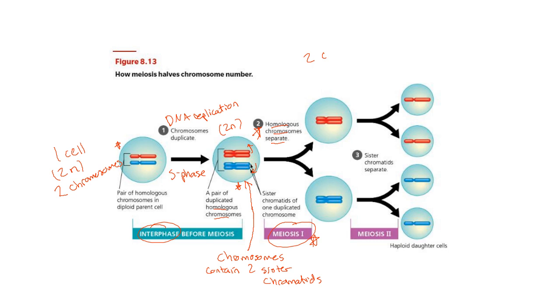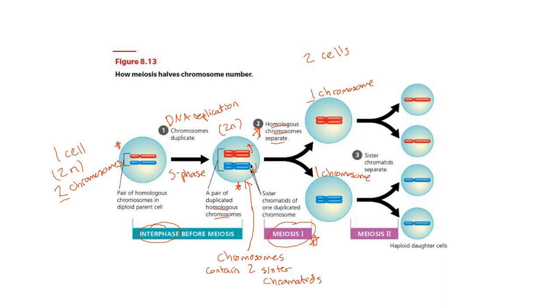We have two cells. How many chromosomes in each cell? This one only has one chromosome, and this one has only one chromosome, right? So you went from two chromosomes to one chromosome. We reduced the number of chromosomes by half.